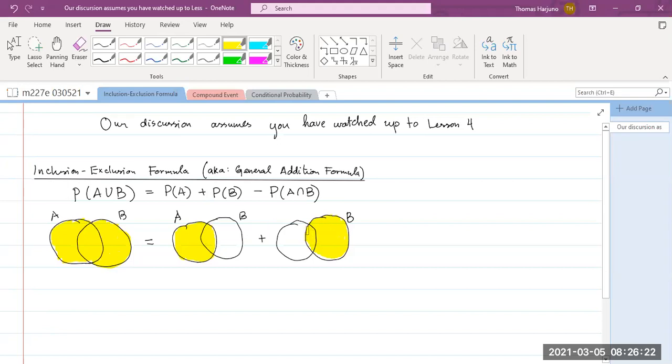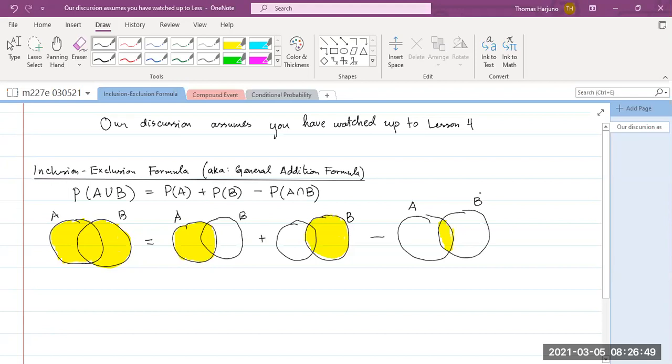So the intersection part is counted twice. So to count it only once, I subtract that once. It's double counted earlier. That's why I subtract that once such that it's only counted once. Okay. Now that's why that formula looks like that.